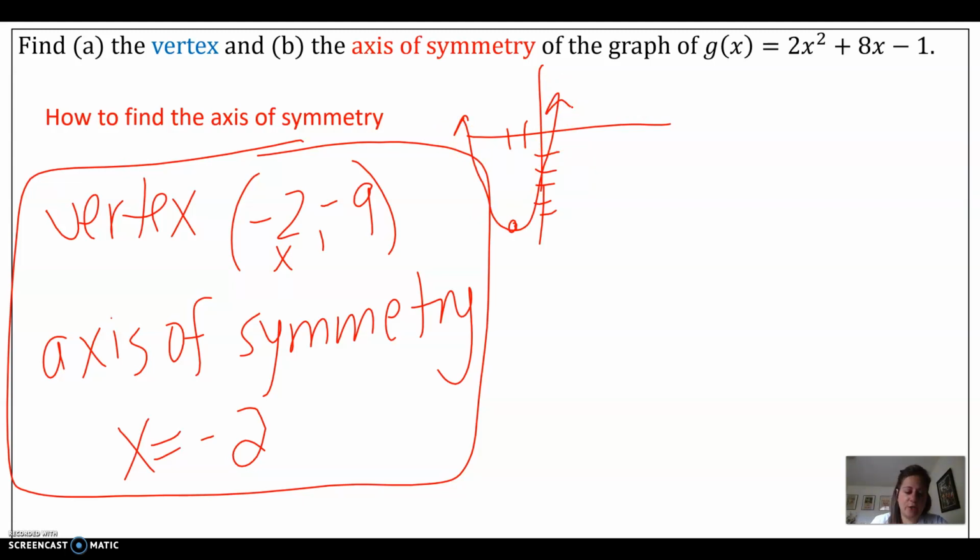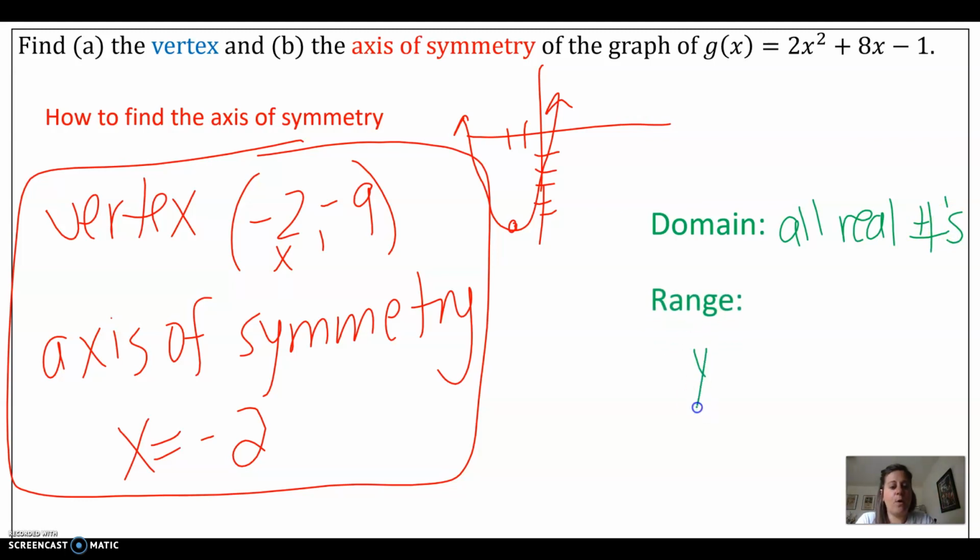Now, I do want to refresh your memory about domain and range. So domain is all real numbers because it's going to encompass all of your x values of your graph, but the range has a limit. So your range deals with your y values. Now, if you look at your vertex right down here, it's -2, -9. This is x, this is y.